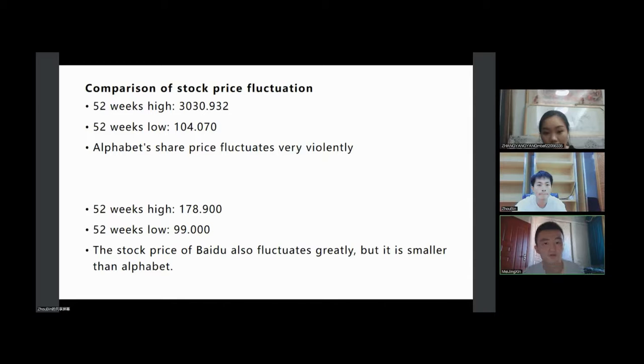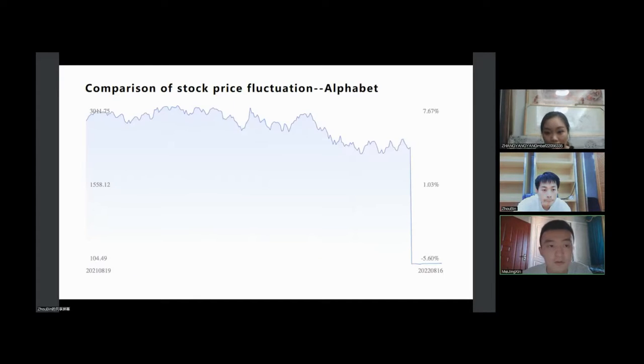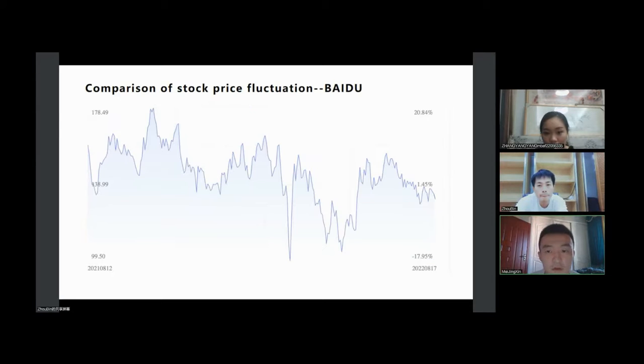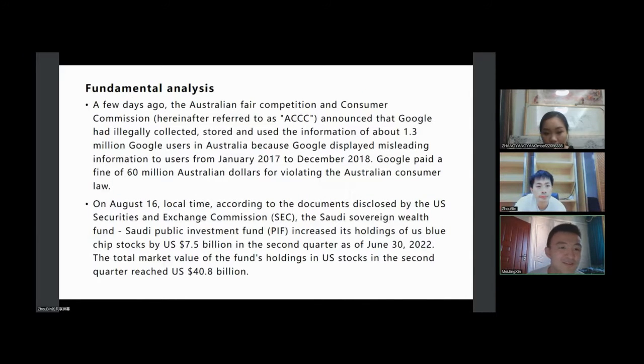The stock price of Baidu also fluctuates greatly, but it is smaller than Alphabet's. Next page.